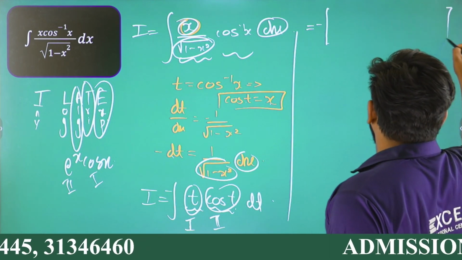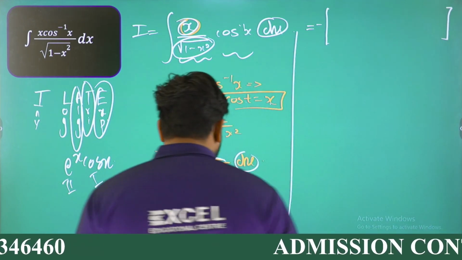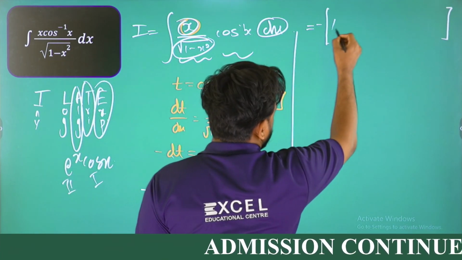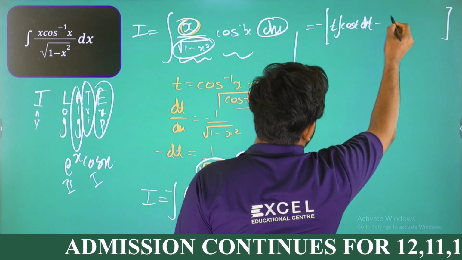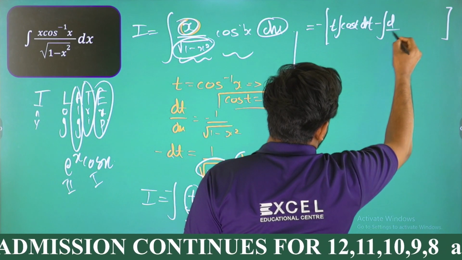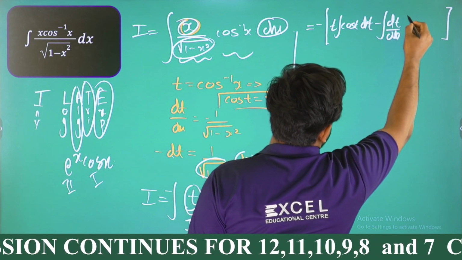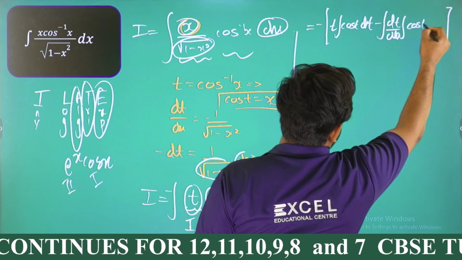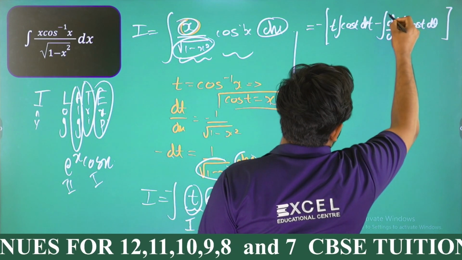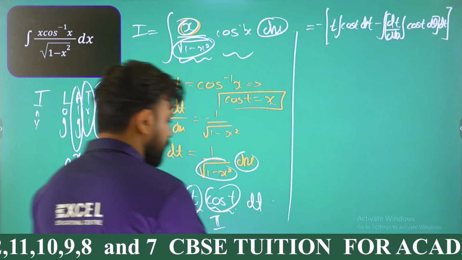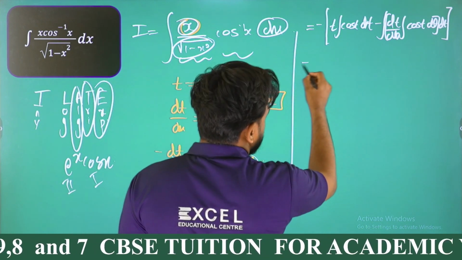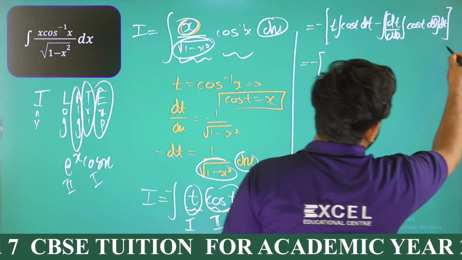Okay, so what is integration by parts? First function into integral of second function minus integral of derivative of first function into integral of second function, all dx, but here it is all dt. So the answer will be, there is a bracket outside with the negative.